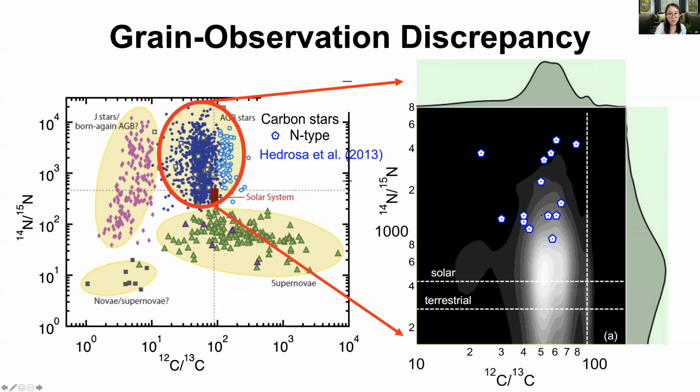So does this discrepancy indicate that mainstream, Y and Z grains did not come from low mass AGB stars? Or could the low nitrogen-14 to 15 ratios measured in the grains result from sampling solar or terrestrial materials during our isotopic analysis, so their measured nitrogen-14 to 15 ratios were lowered compared to the true stellar composition?